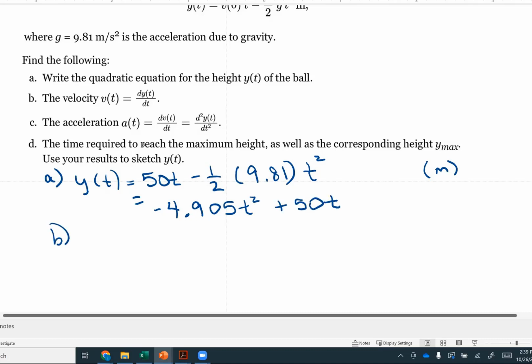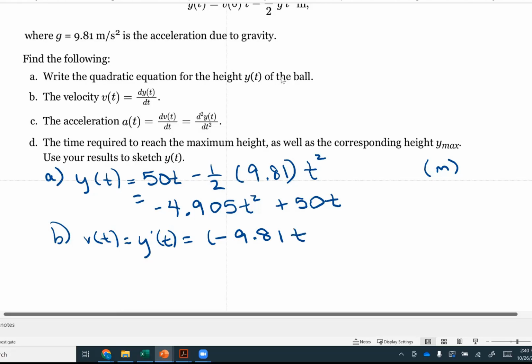B. B is asking me to find the velocity, which means they want me to take the derivative of y of t. We've already discussed that. V of t is equal to y prime of t, which is equal to, I bring the 2 from the exponent forward, I multiply that back out, and I'm just going to go back to negative 9.81.